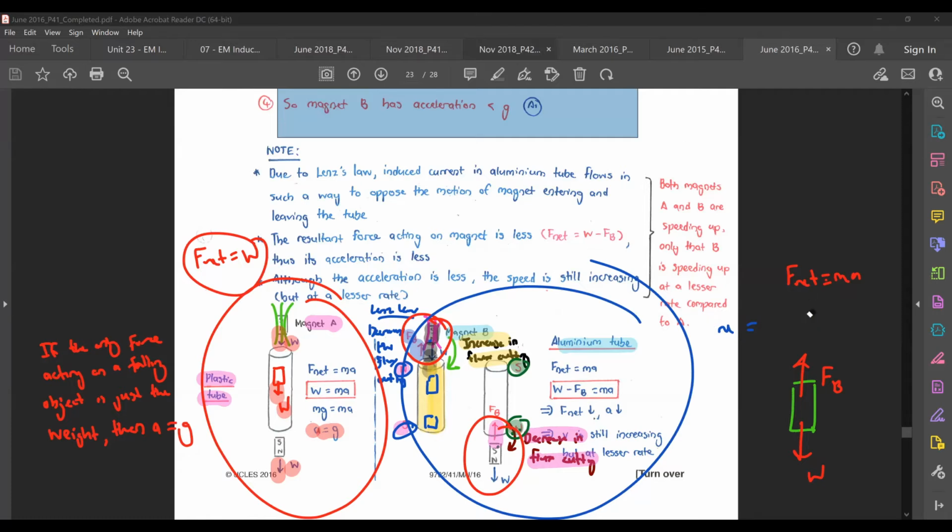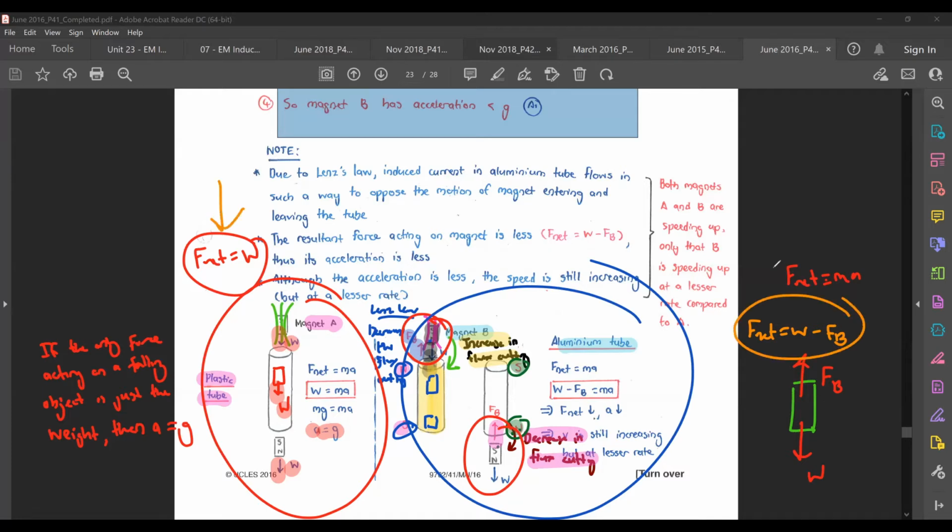Okay, this one here is where my net force is W minus FP. Now, which one do you suppose is having the lesser net force here?